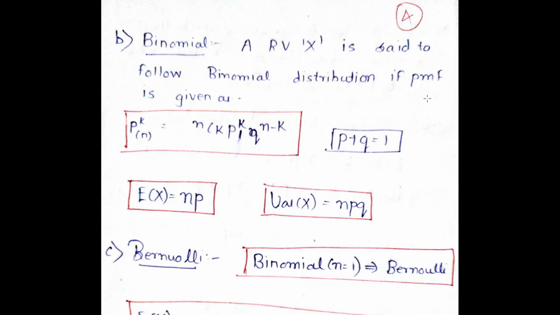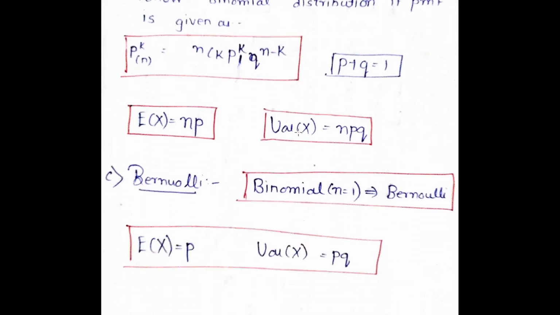Please go and check out my random signal analysis playlist. So if the PMF is equal to nCk, p raised to k and q raised to n minus k, then that distribution is said to be a binomial distribution, in which p plus q is equal to 1. The expectation of the binomial distribution is given as np, and the variance is given as npq.